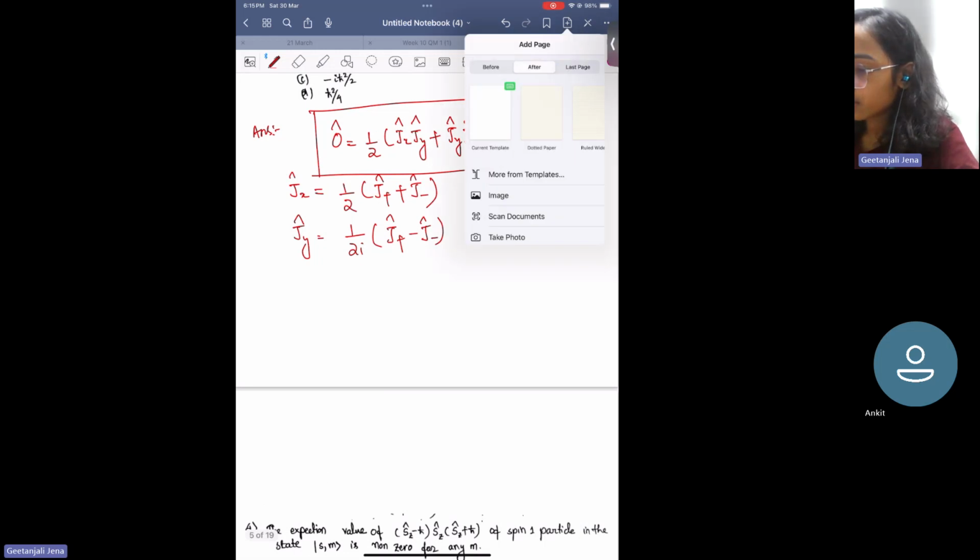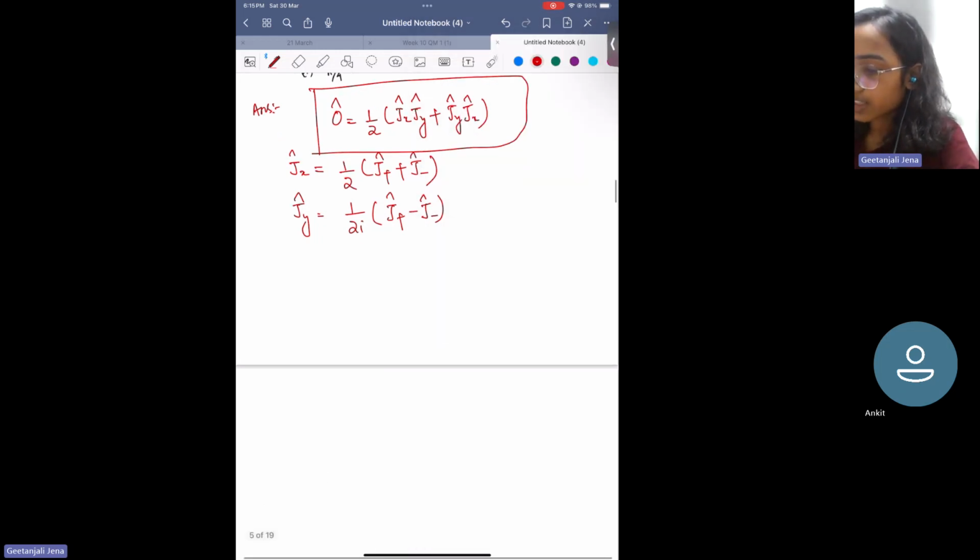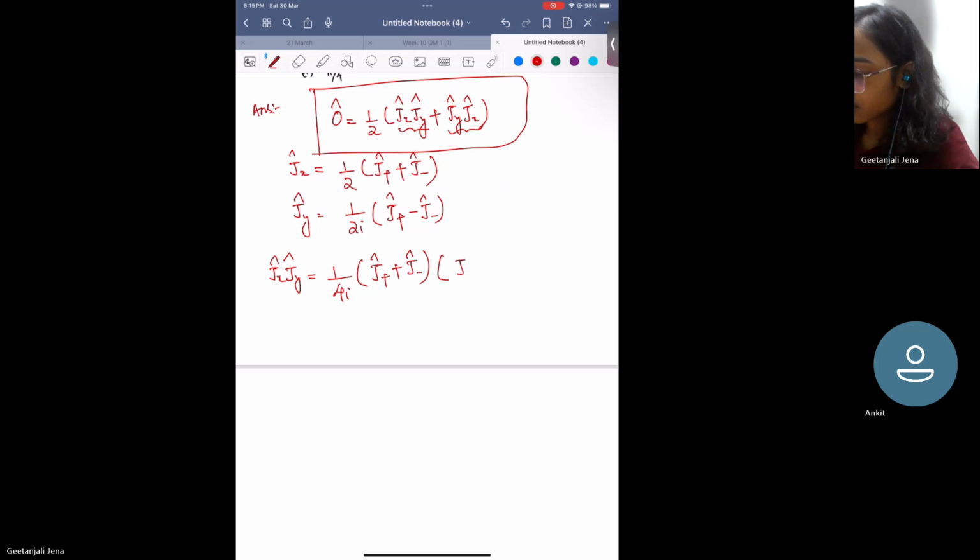Now let us express both the terms JxJy and JyJx in terms of J plus and J minus. So JxJy we will get 1 by 4i (J plus + J minus)(J plus − J minus).